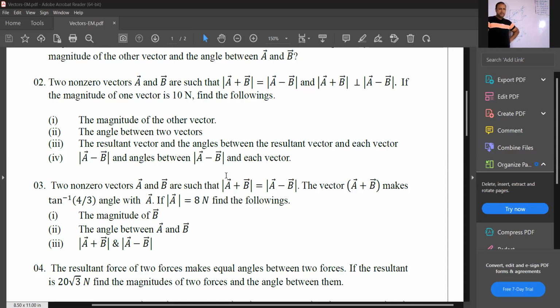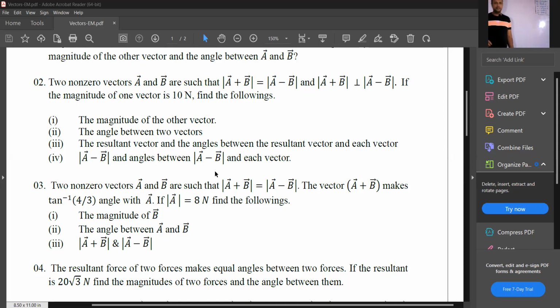Okay, sir. The second one. What kind of parallelogram is this? So it should be a square. Come again. Yeah, very good.